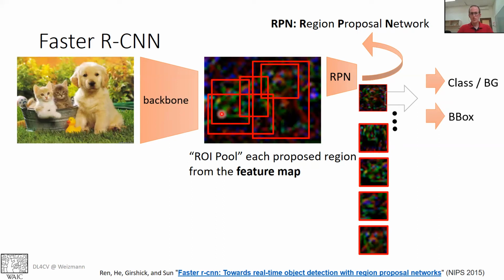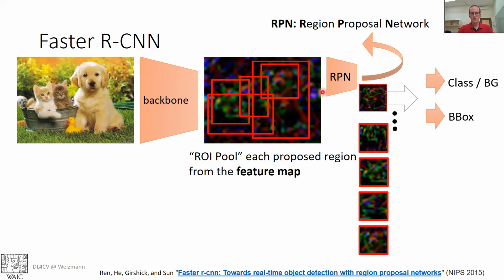Since we use the same strides in the X and Y directions, we don't change the aspect ratio between the image and the feature map. So an elongated box in the image would remain elongated in the feature map.